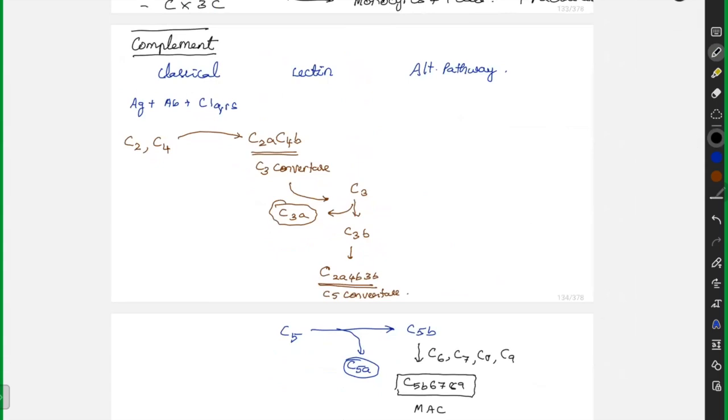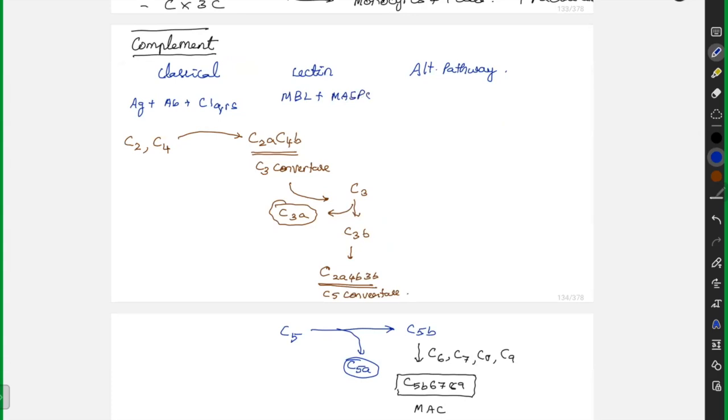Okay, so now what is the lectin pathway? Lectin pathway means the plasma mannose binding lectin is going to bind to the carbohydrate that is present on your microbe. So this mannose binding lectin binds with the carbohydrate present on the microbial agent.